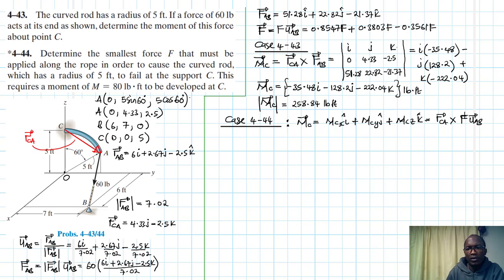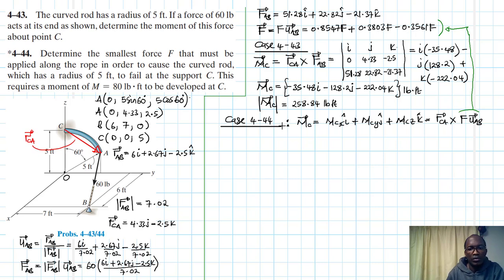This is what we found here. So this part here is what we found. This is the one. Let me just point it. This is the one we found. So this is what we want to do.